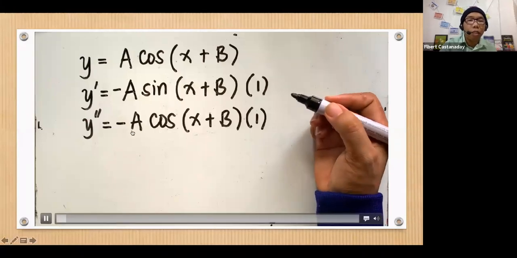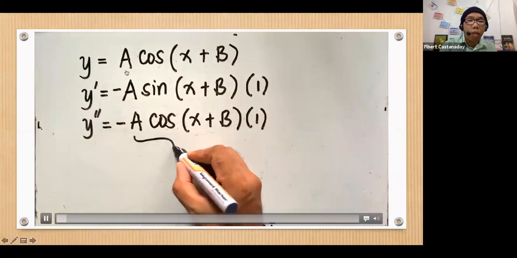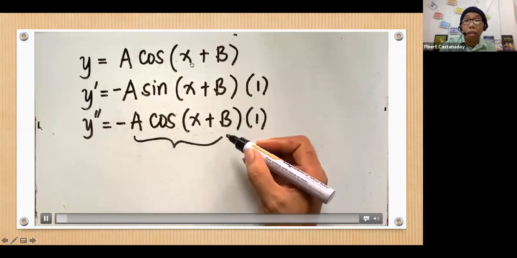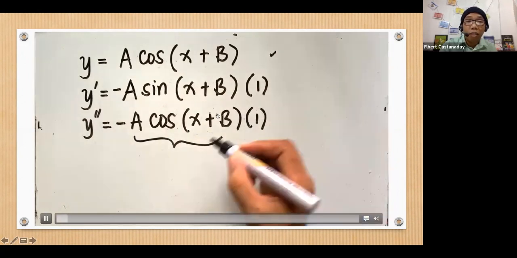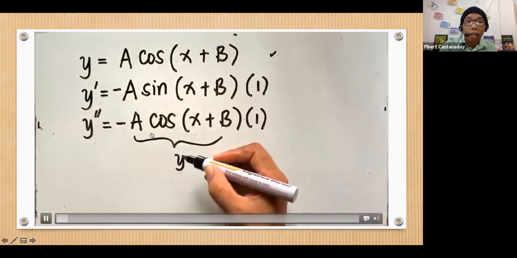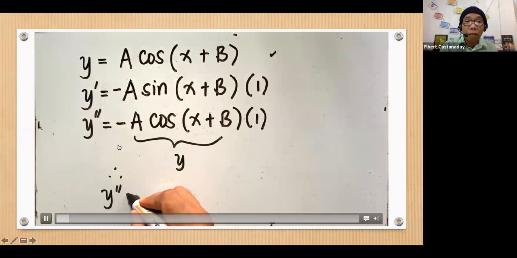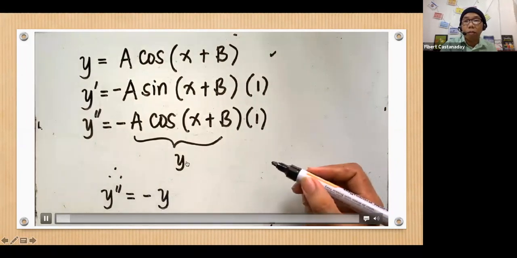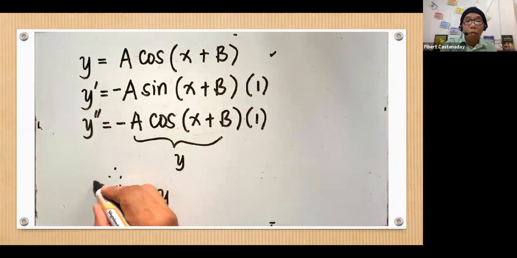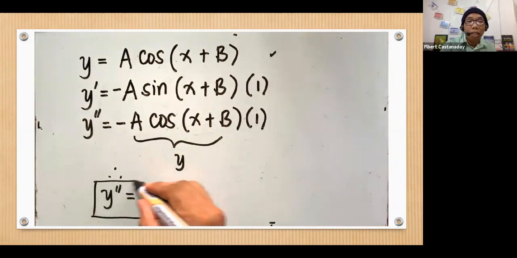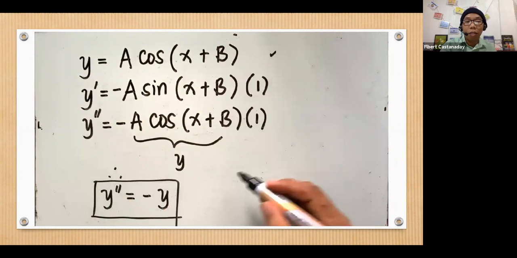As you noticed, the given equation is y equal to a cosine of x plus b. In our final equation, you can see that we have negative a cosine of x plus b. So we can equate, therefore, y double prime to negative y. In that way, we were able to eliminate the arbitrary constants. So this is now your final answer.